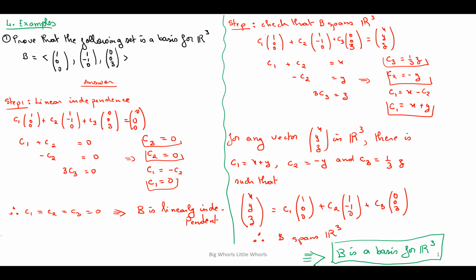Okay, so step 1 and 2 allow us to prove that B is a basis, because B is linearly independent and B spans R3. Okay, we will do our second example here.